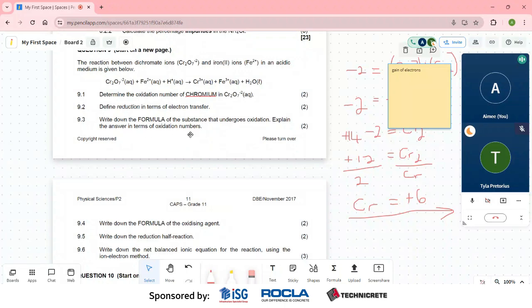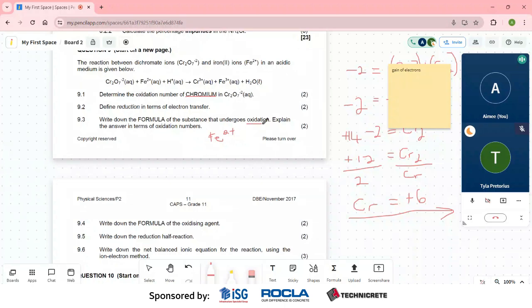Explain the answer in terms of oxidation numbers. So this is 9.3. The substance that undergoes oxidation is Fe2+, and the reason for this is because it goes from Fe2+ to Fe3+.